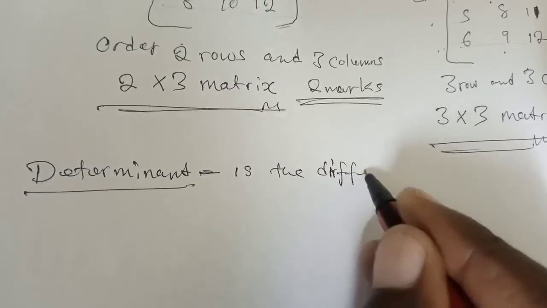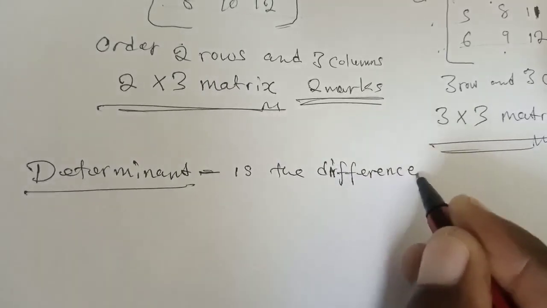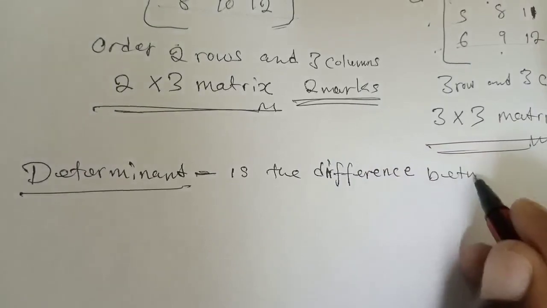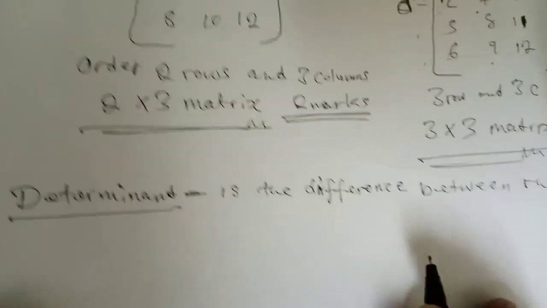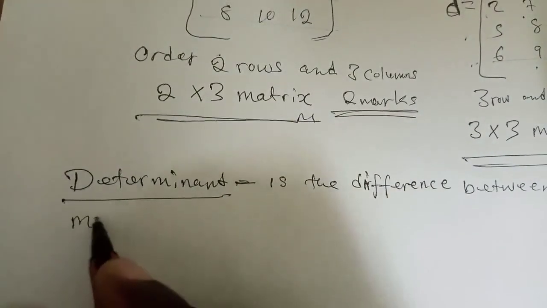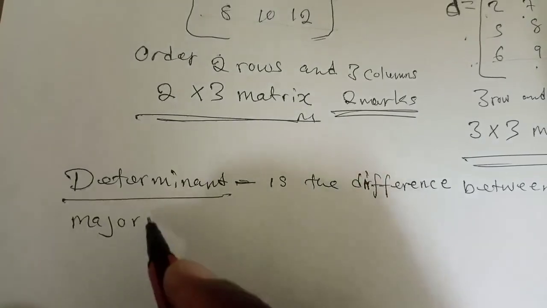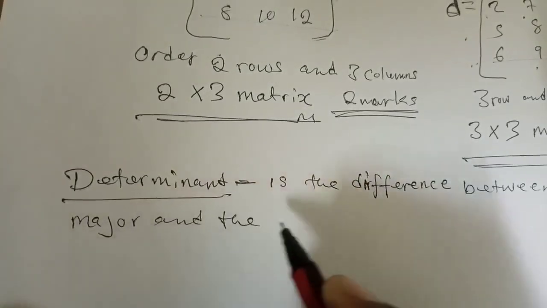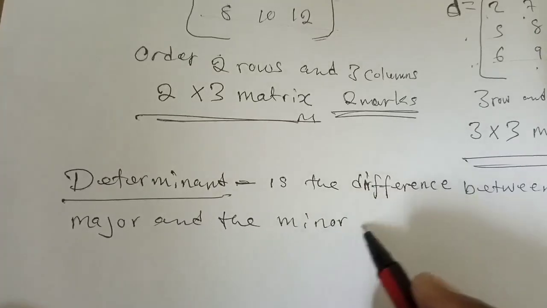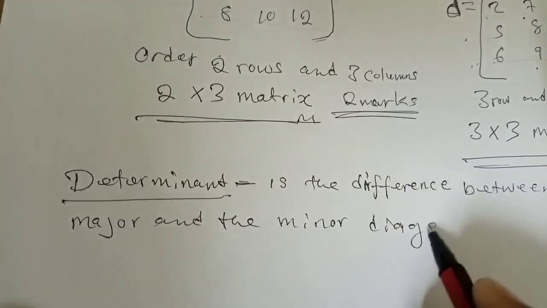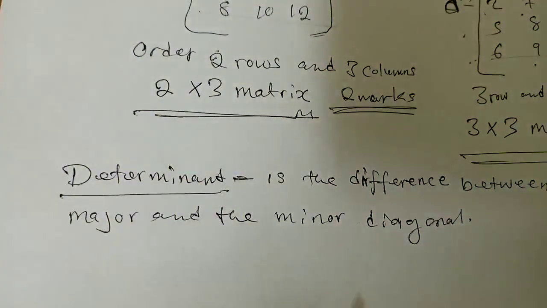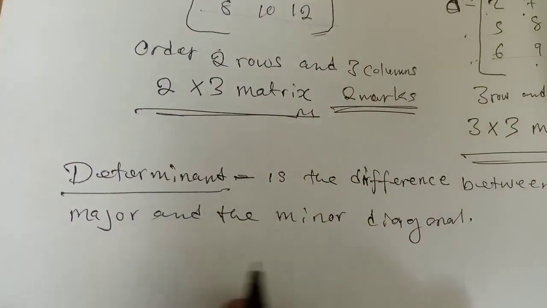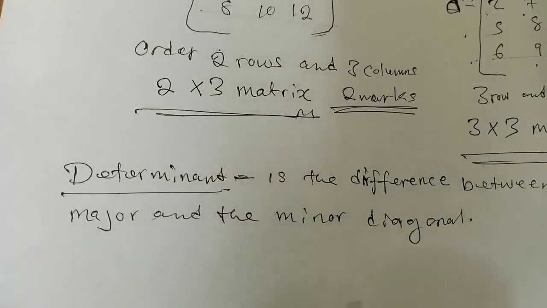So the determinant is the difference between the major and the minor diagonal.